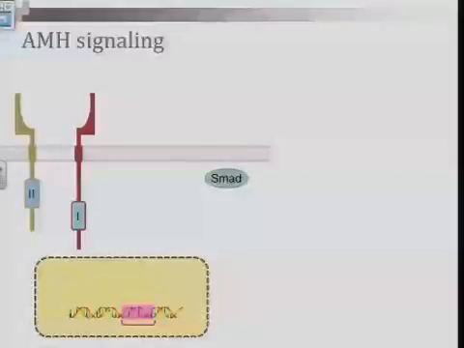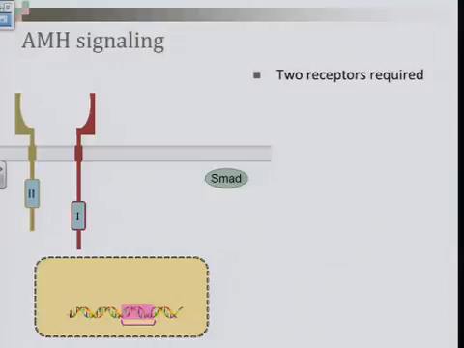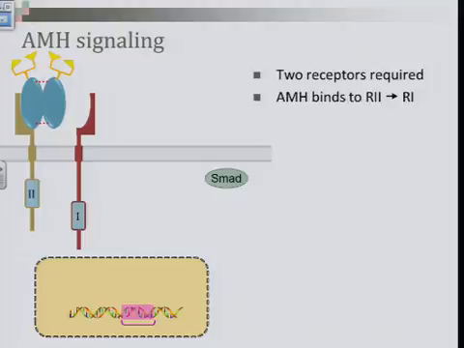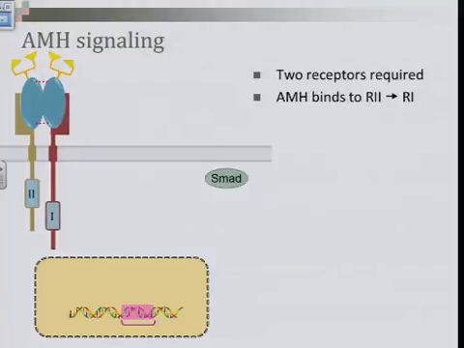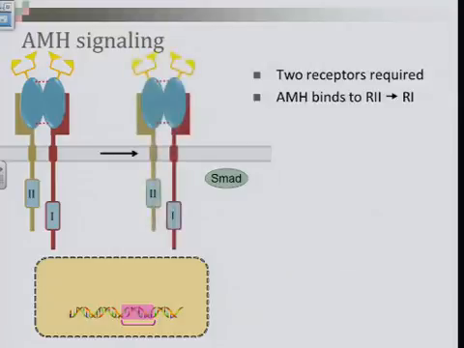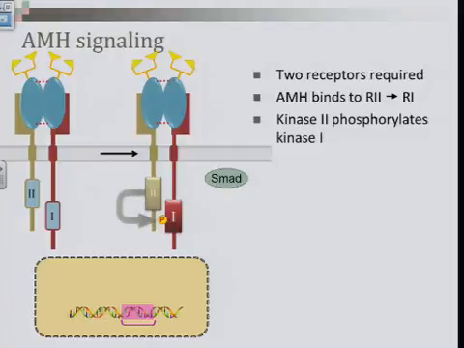So AMH signals through these serine threonine receptors. 2 receptors are required, and they're non-identical. Anti-Mullerian hormone first binds to receptor 2, and then receptor 1, the type 1, associates. That activates a kinase on receptor 2 that phosphorylates a kinase to activate it on receptor 1.